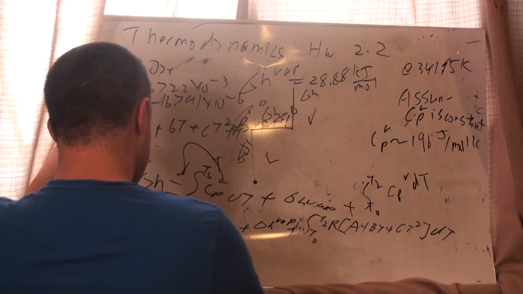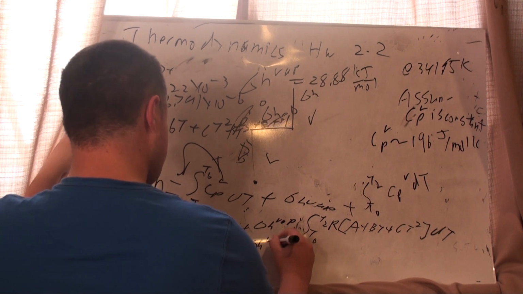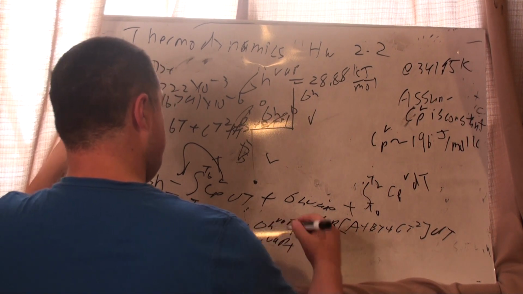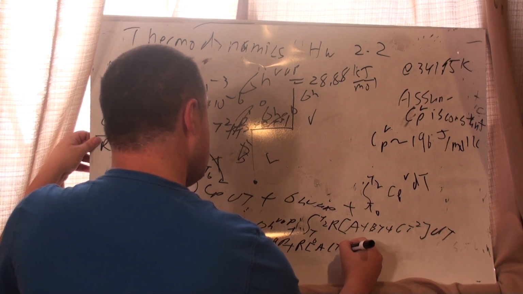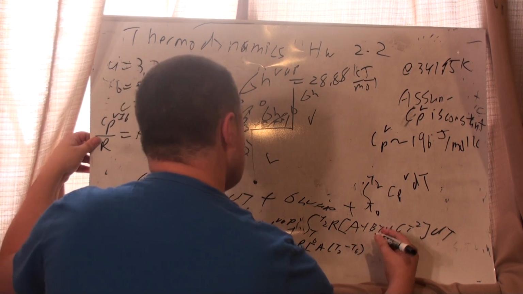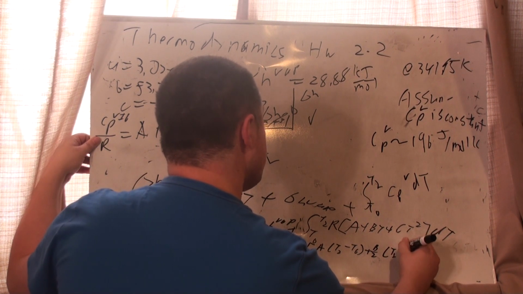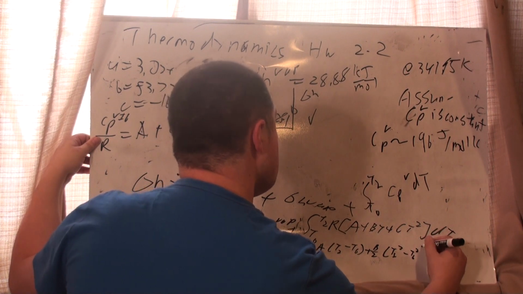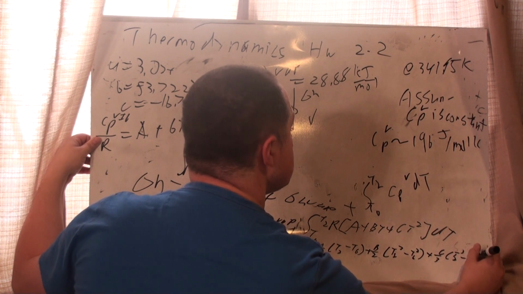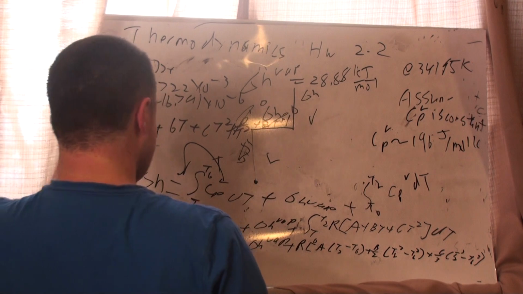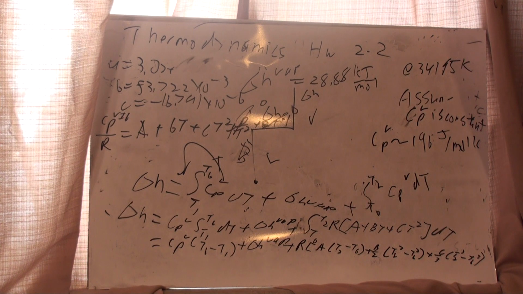So we have CpL times Tb minus T1, plus delta H vap, plus R times A times T2 minus Tb, plus B over 2 times T2 squared minus Tb squared, plus C over 3 times T2 cubed minus Tb cubed. And at that point, I plug in a whole lot of numbers.